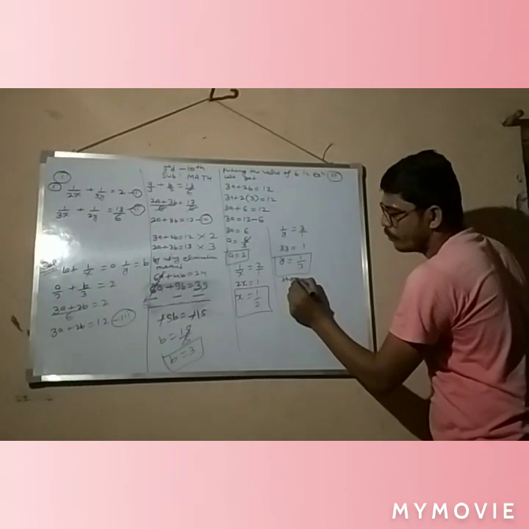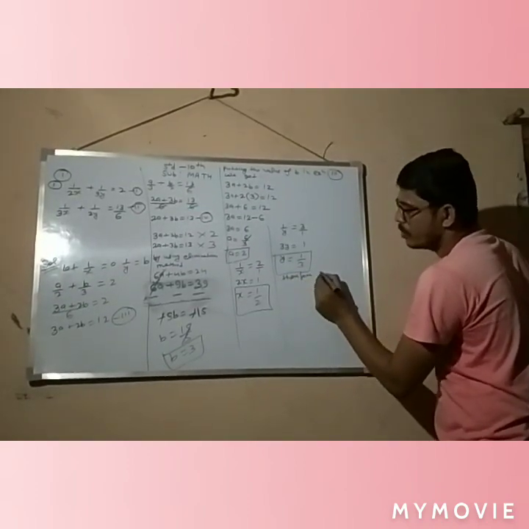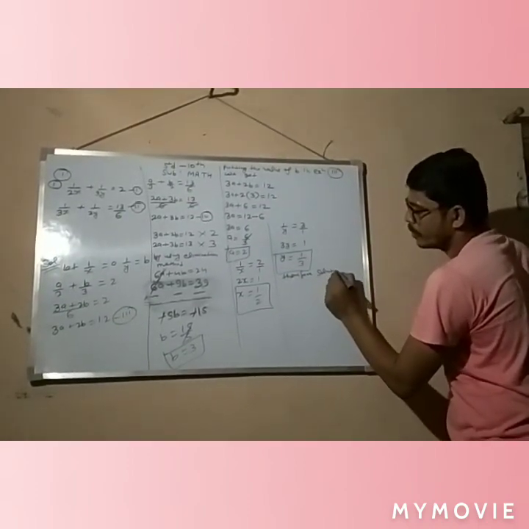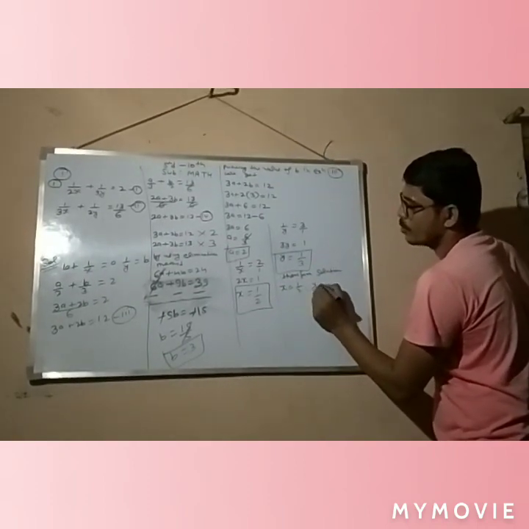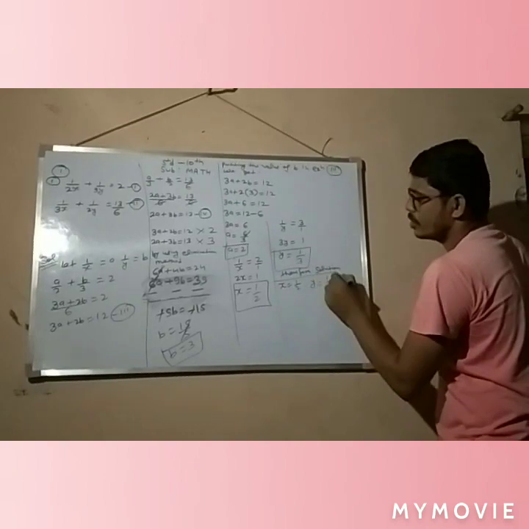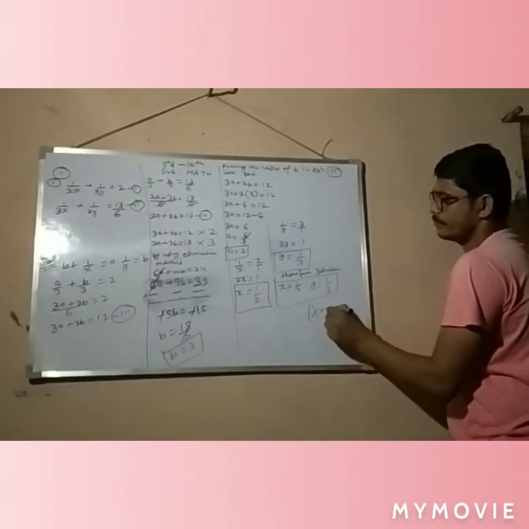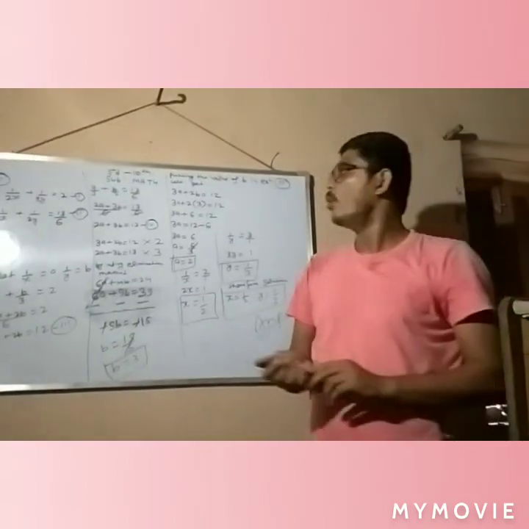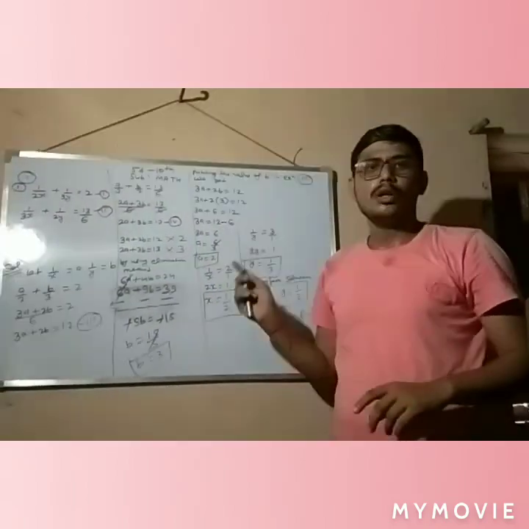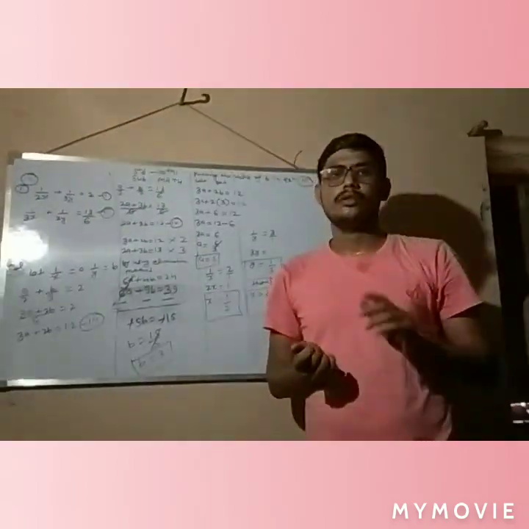Therefore the solution is x is equal to 1 by 2 and y is equal to 1 by 3. This is your answer. Okay student? Okay friend? Thank you. Now let's go to the next question.